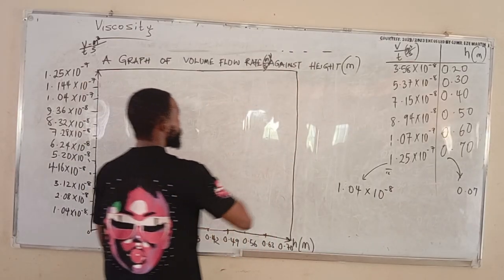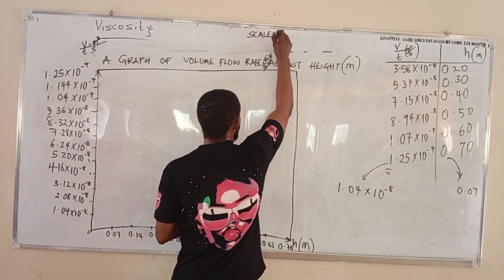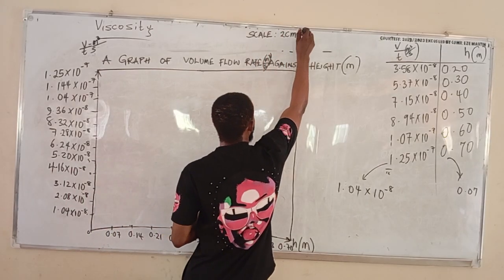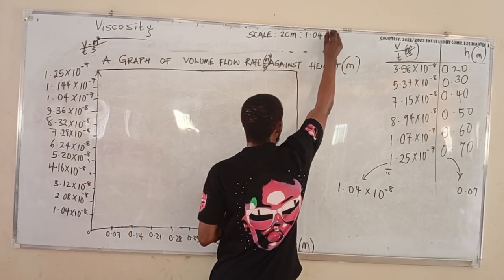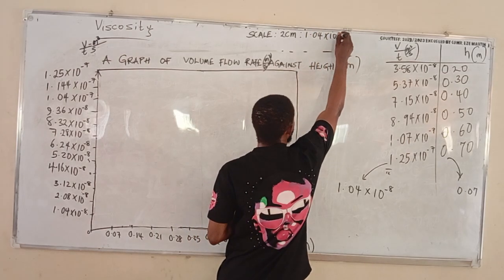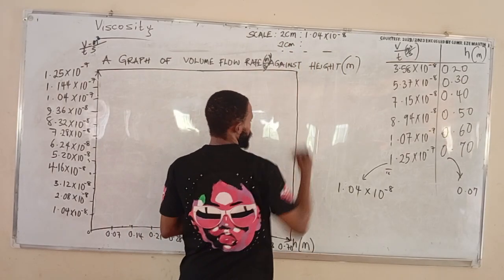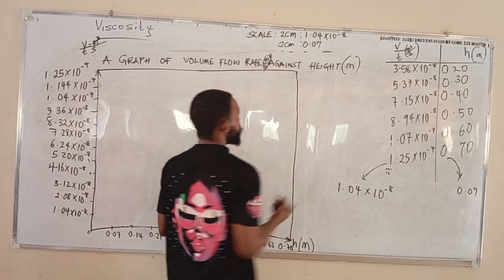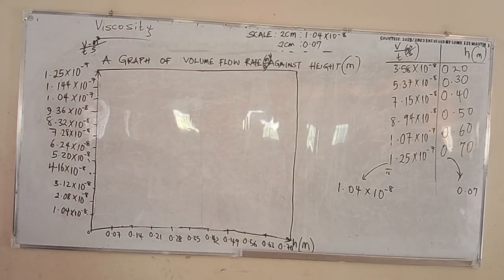Then I'll remember to write my scale. So here I'm using 2 centimeters. It's true. 1.04. And here I'm using 2 centimeters. It doesn't mean that everybody must use the same thing, but provided you're in this class, if you're not making adjustments, there's something we call having a good foundation.